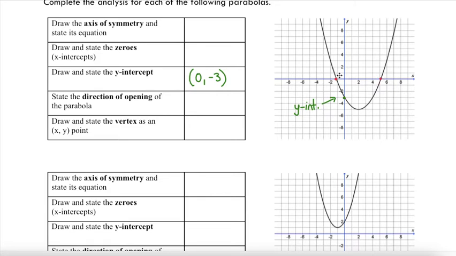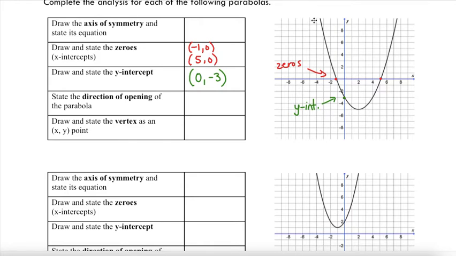It looks like it's pretty close to being at -1 and 5. So these are my zeros, or my x-intercepts. I have one at -1, 0, and I have another at 5, 0.